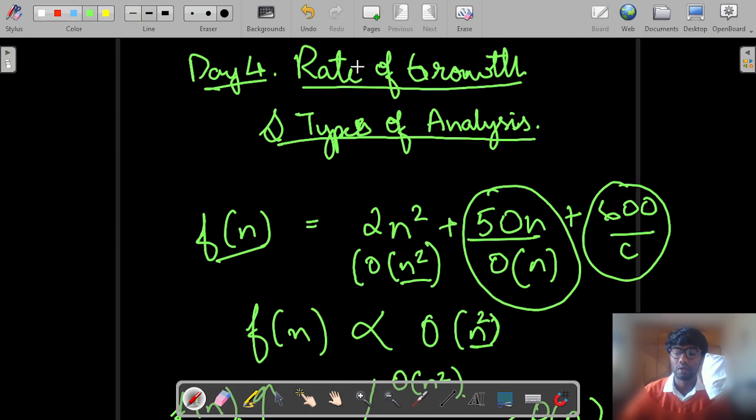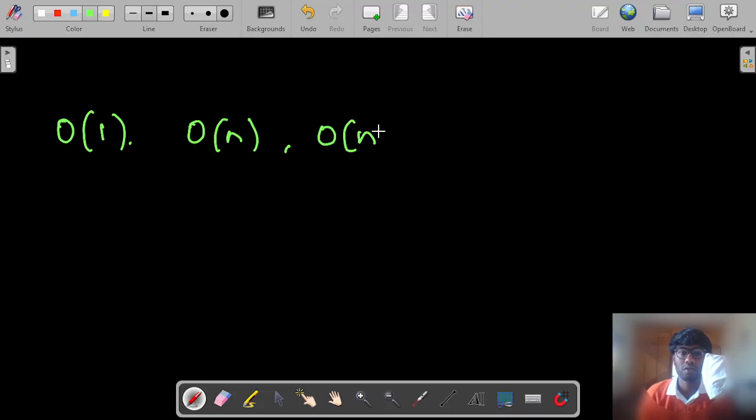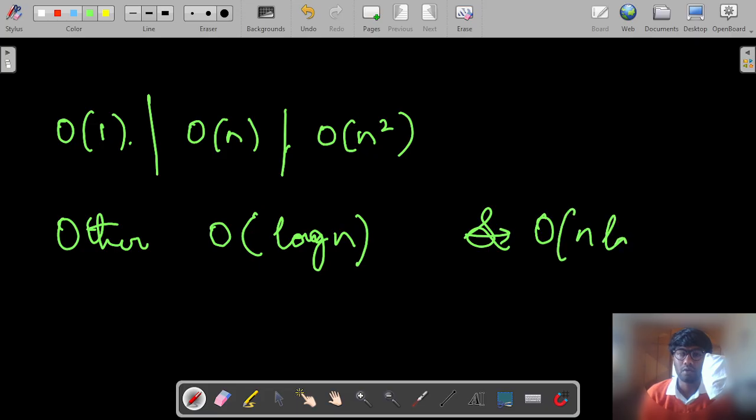And there are a few other rates of growth that I can point out here, just for us to keep in mind. We have already seen O of n, O of 1, which is constant, and O of n square. These three we have seen, and others we can commonly see are log of n, O of n log n, and O of n cubed also we might see, right?